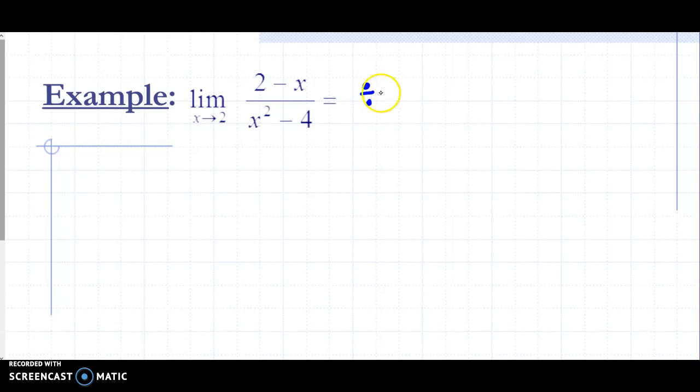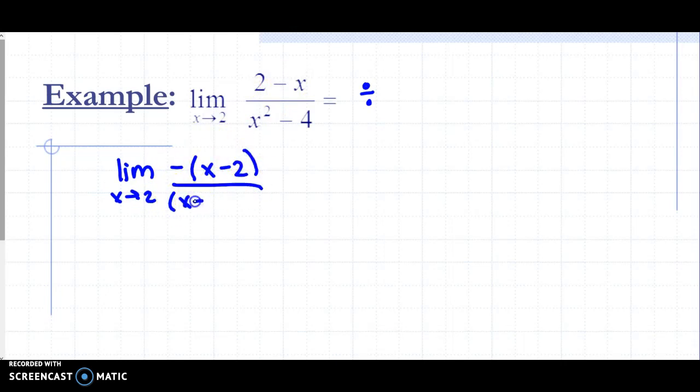Okay, if that happens, then let's try to factor, do something with this to simplify and see if later we can use direct substitution. So I can already see I'm going to pull out a negative in my numerator. Then I get x minus 2 in my denominator.